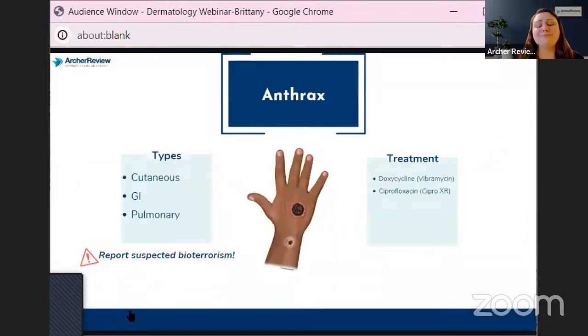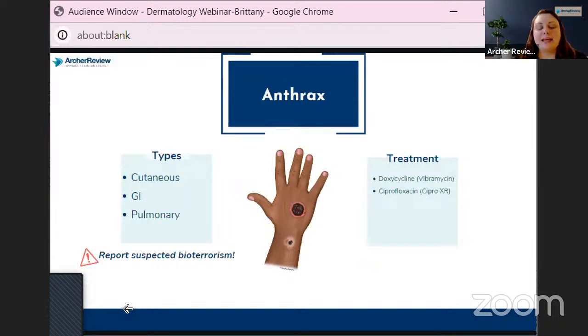Anthrax. So this one here is one that we see more in the news than we actually see in primary care. However, the boards love to test on anthrax. The main thing is that there are three different types: the cutaneous, the GI, and the pulmonary. The pulmonary is the one that bioterrorism questions could be centered around.